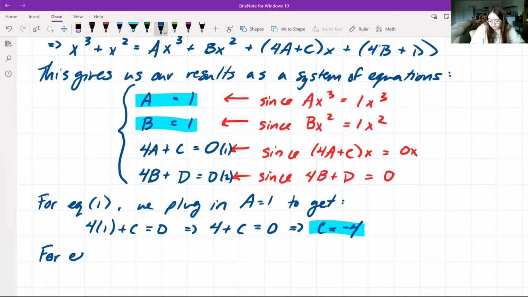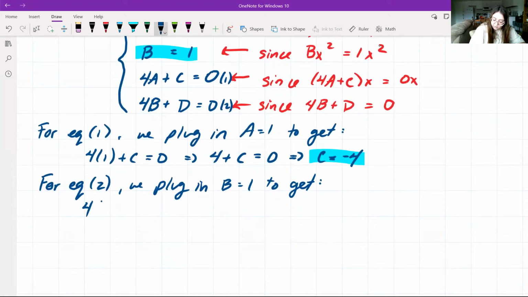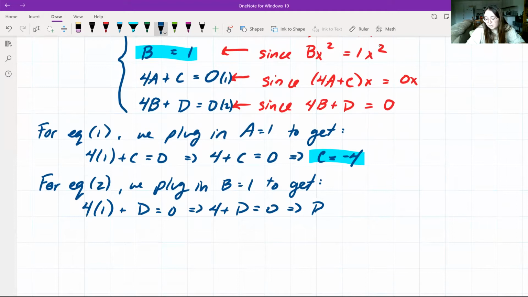Then for equation 2, we plug in b equal to 1 to get 4 times 1 plus d is equal to 0, which means that 4 plus d is equal to 0, which means that d is equal to -4.